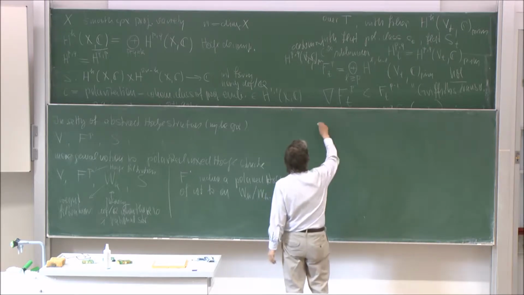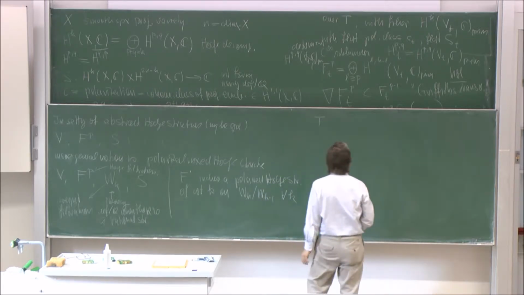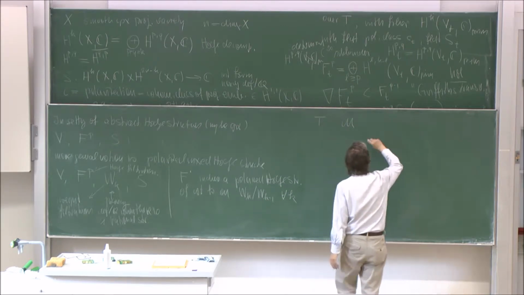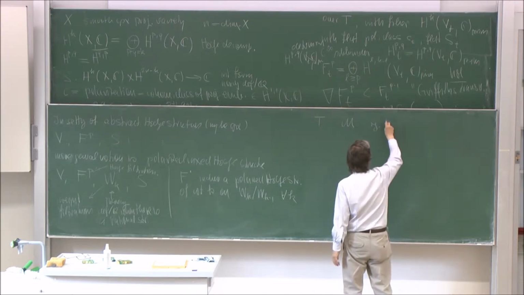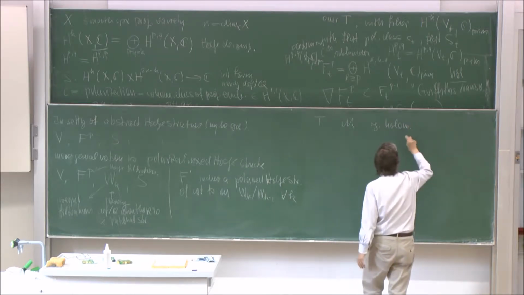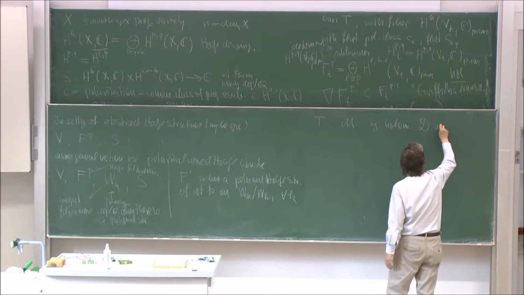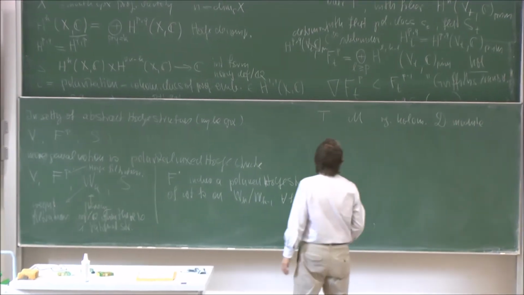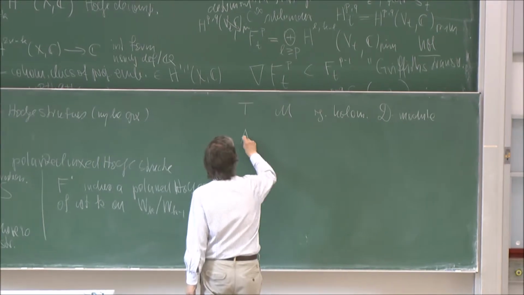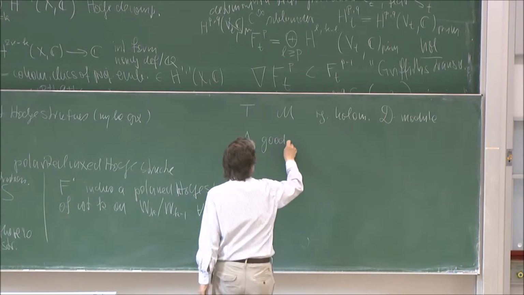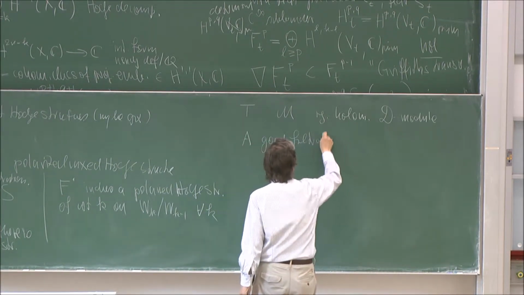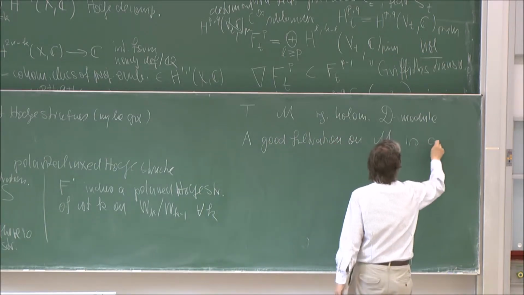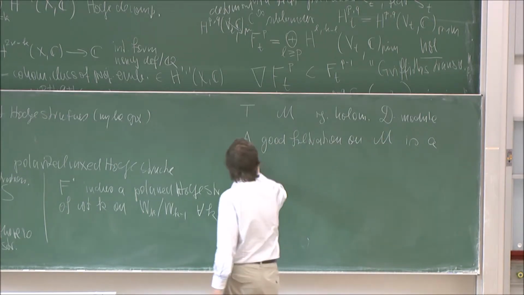So let's actually have T as before, and M a regular holonomic D module. Then a good filtration on M is a filtration.